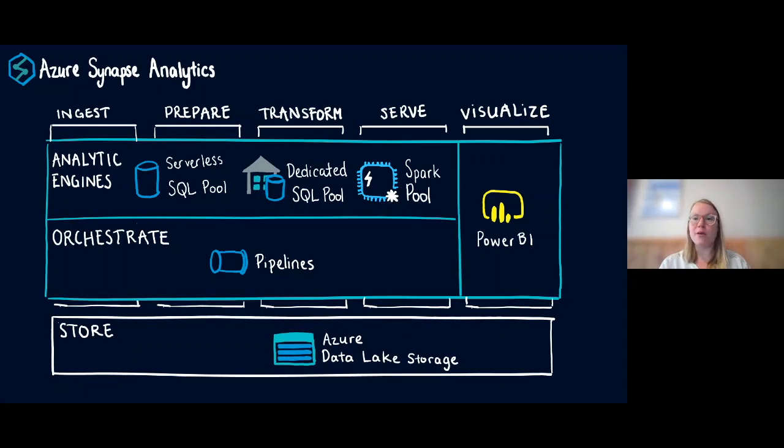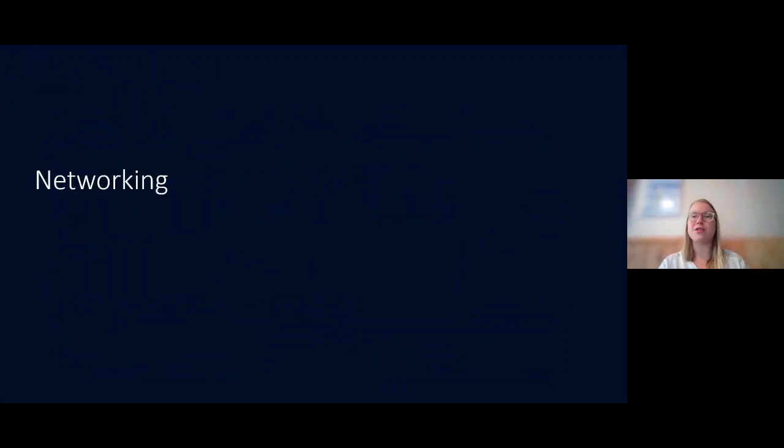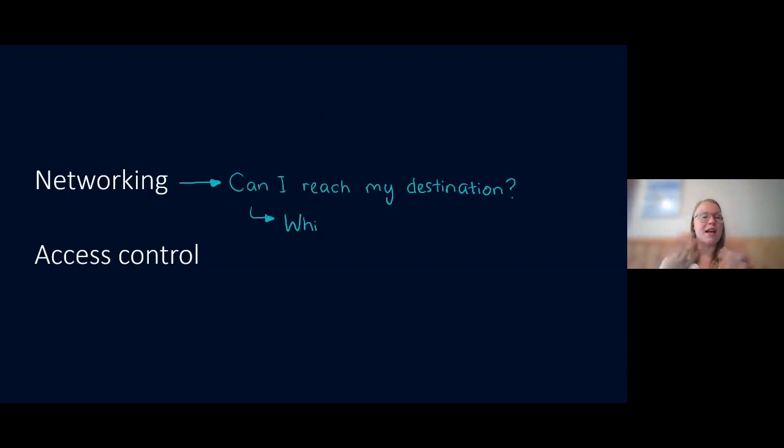We're now going to go more to the architecture side and start looking at how you secure Azure Synapse Analytics. As I mentioned, we're going to be looking at 2 aspects of security: networking and access control. When we talk about networking, we're asking the question: can I get to my destination? Can I reach it?